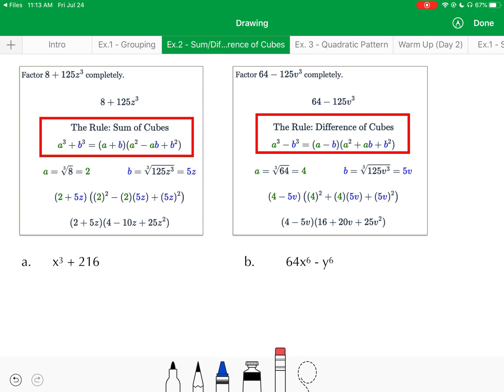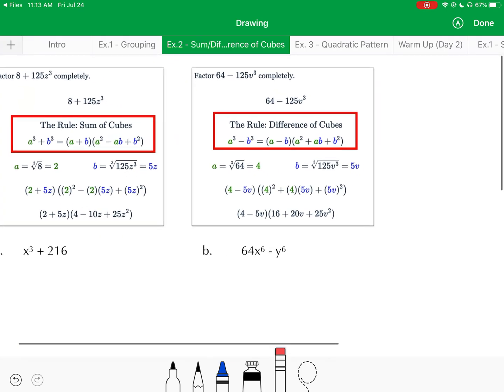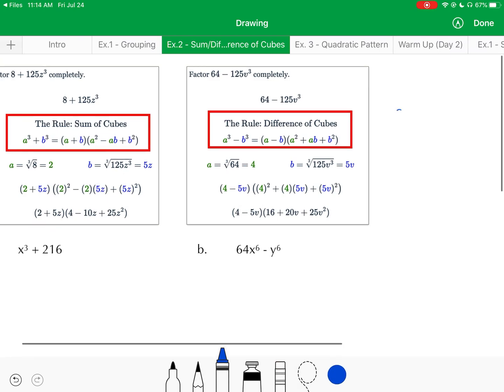So again, these are two formulas that you need to essentially memorize. And what you can do to help memorize those is I have a little acronym that's going to help memorize the signs on the different terms here, okay? So the acronym is SOAP, S-O-A-P.